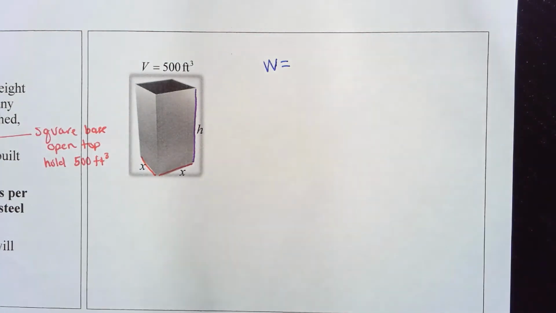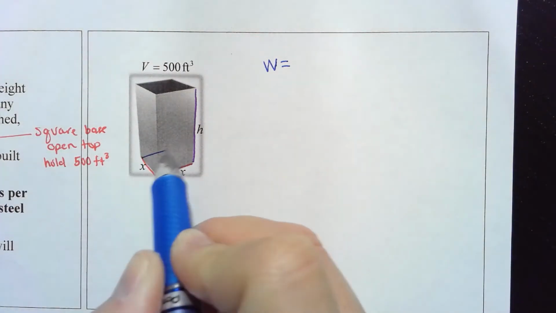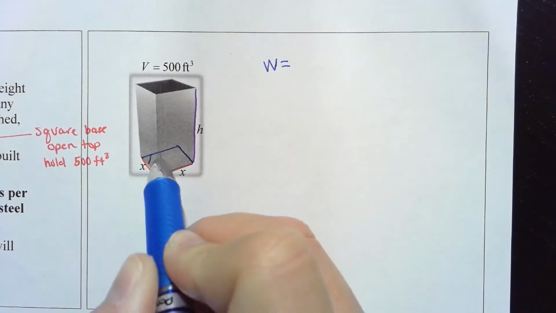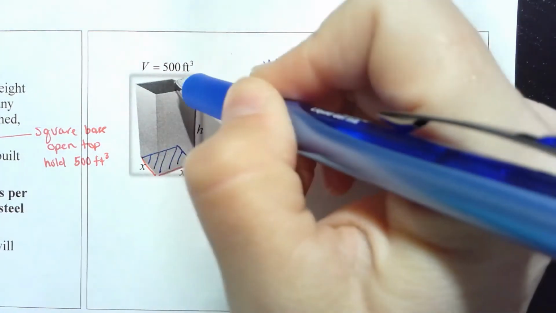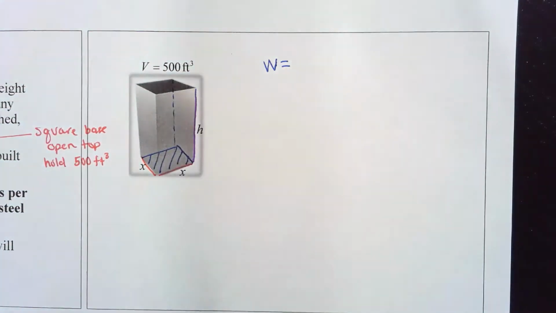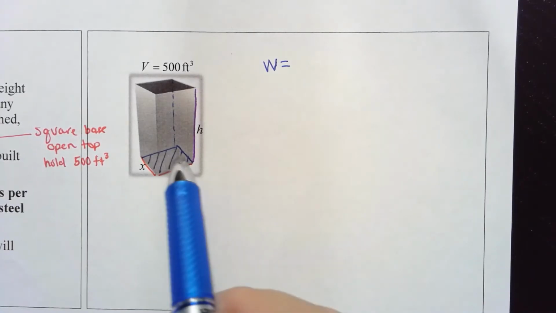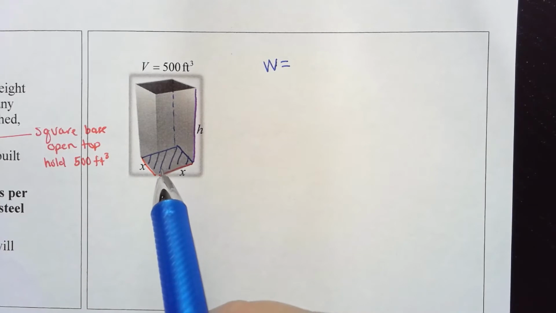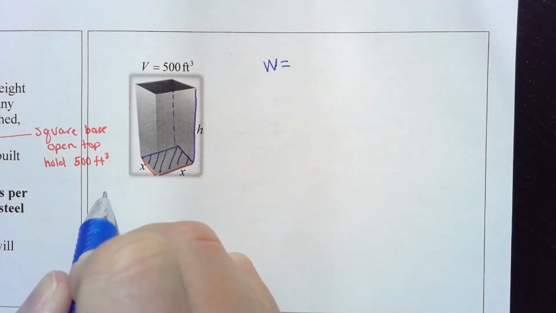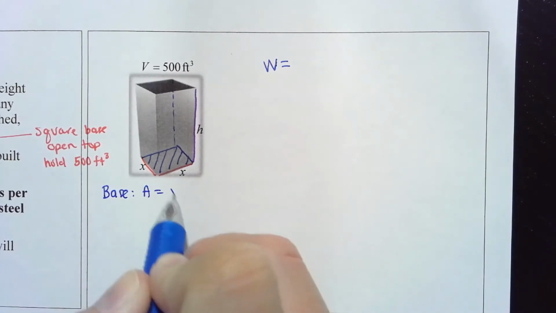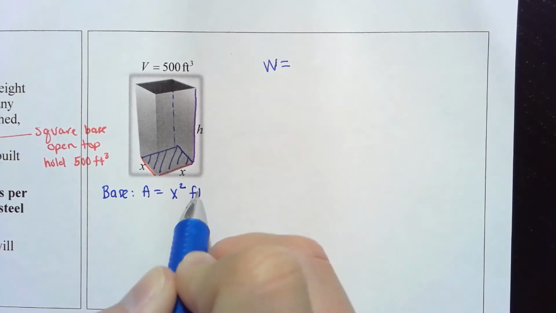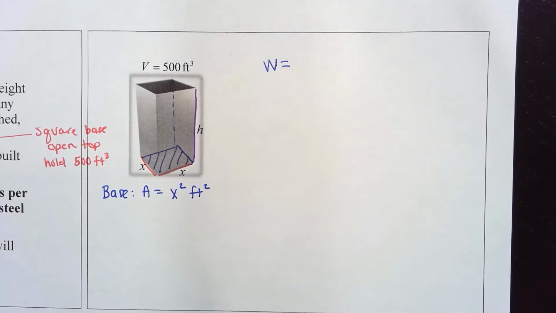Well, let's think about this for a moment. So this is the base of my tank. Here's my sides going up there. If we want to find the weight, we first need to know, well, how big is the base, right? So the base has an area of x by x, which is x squared, square feet. Okay.